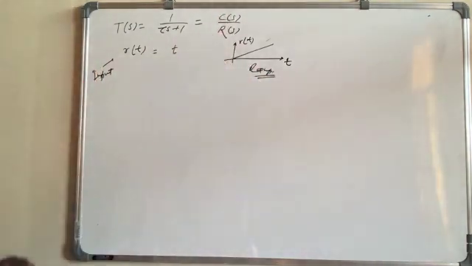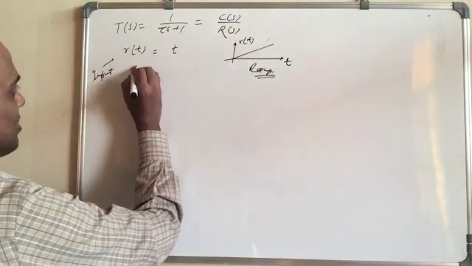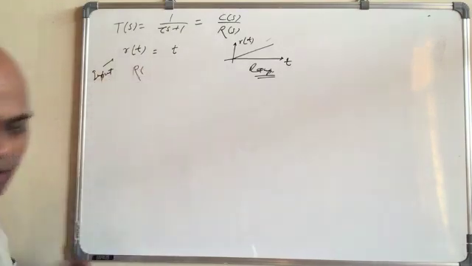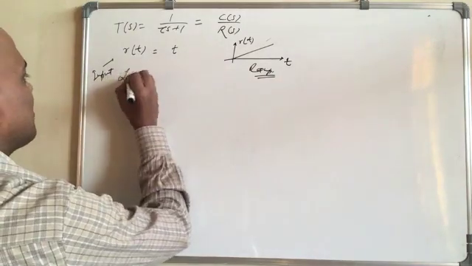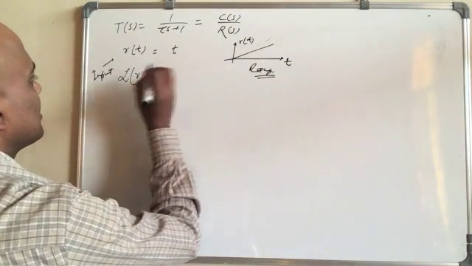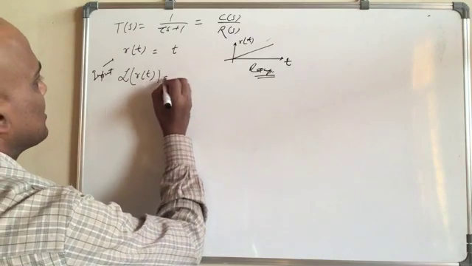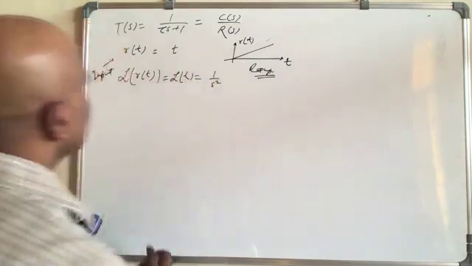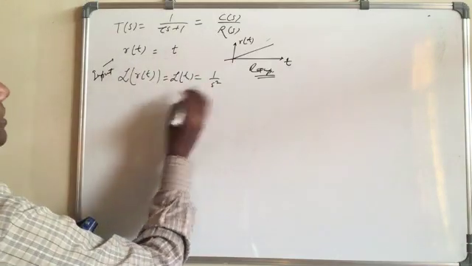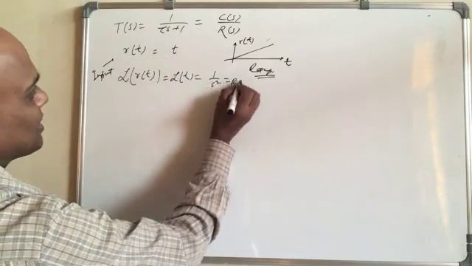Then what will be the output? In that case, you first take the Laplace transform. The Laplace transform of rt, which is the Laplace transform of t, is 1 over s square, which is Rs.